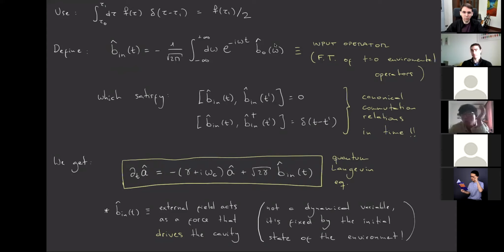So if you know what is the initial state of your environment, and I am going to give you now the typical examples that we work with, then you know what are the properties of this input operator, and that's all. You don't need to solve its evolution in time or anything like that. That's only for the operator inside the cavity.